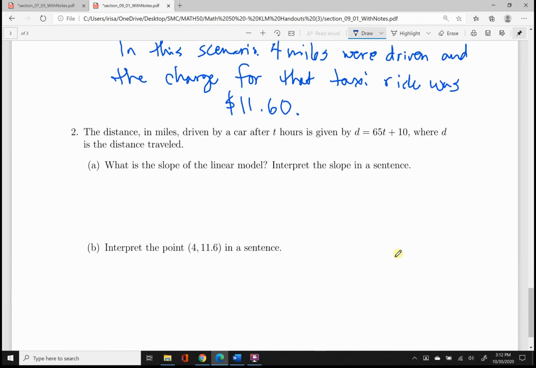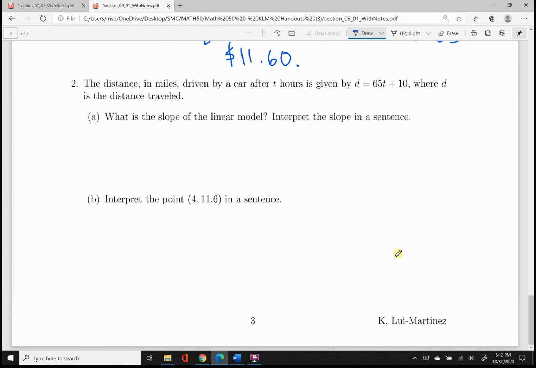The distance in miles driven by a car after t hours is given by d equals 65t plus 10, where d is the distance traveled. Oh, you know what? I remember that this ordered pair was not appropriate for this problem, so this is a little bit of a typo.